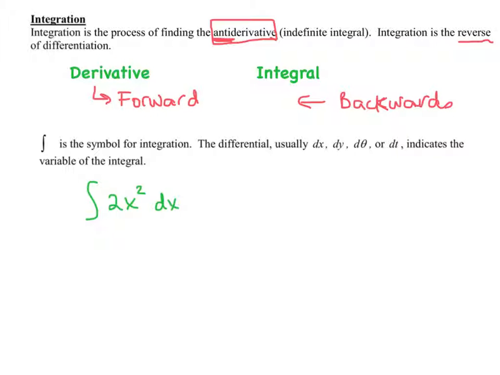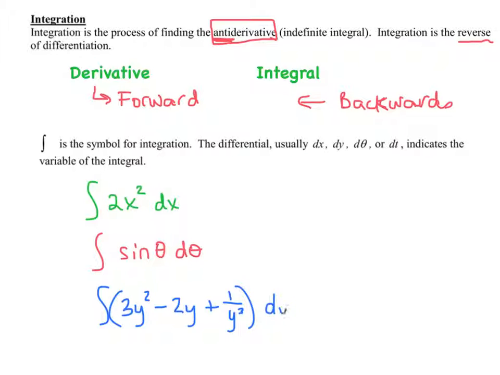If I'm taking the integral of sine of theta, afterwards I would say d theta. If I'm taking the integral of 3y squared minus 2y plus 1 over y to the third, all dy. And so what you'll notice here is that you have a variable at the end, that d variable. That variable tells you the variable of the integral. If they don't match, then you cannot take the integral.